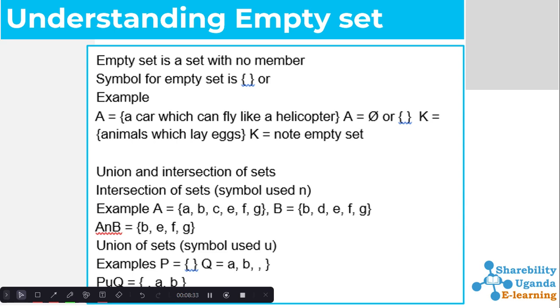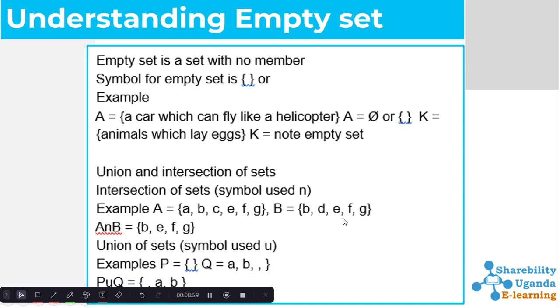Here we are saying that intersection of sets also involves Venn diagrams. Given the example here, we have our set A with the members or items or objects A, B, C, E, F, then G. Then we also have another set which is B with members B, D, E, F, G.